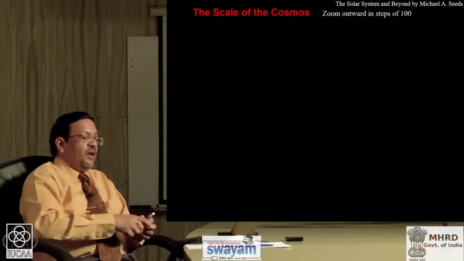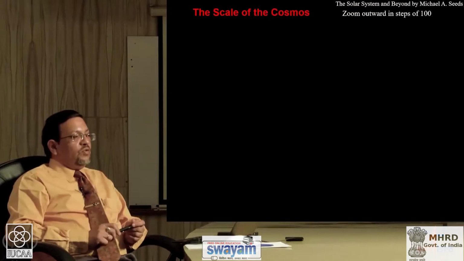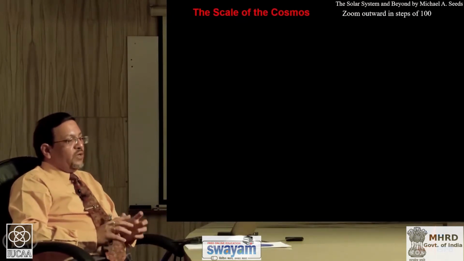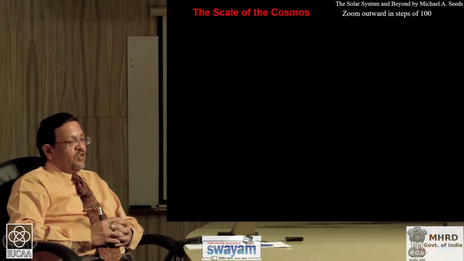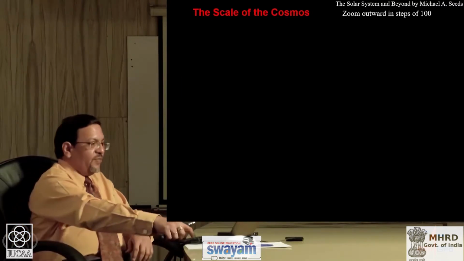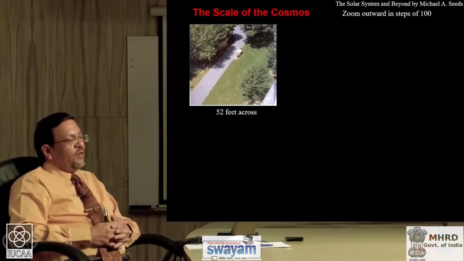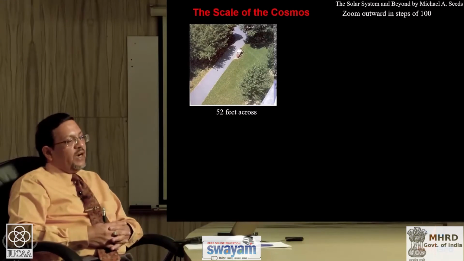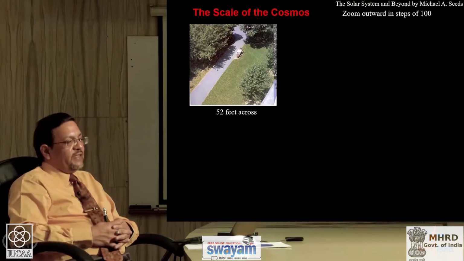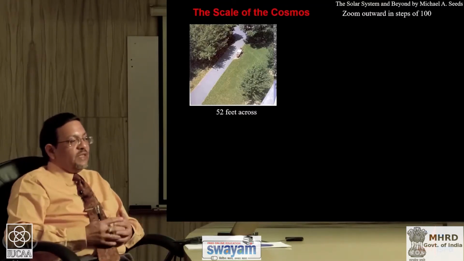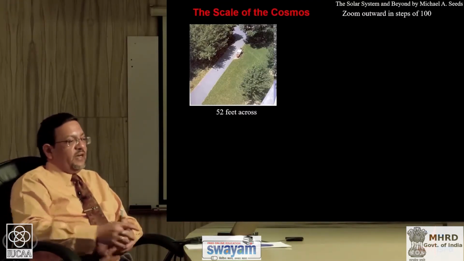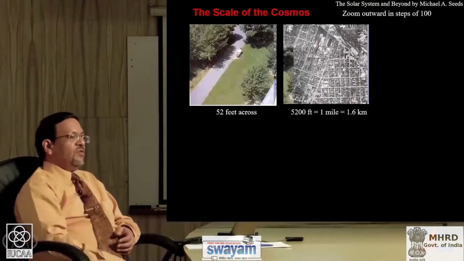Now, here I am going to run through to tell you about the dimensions in our cosmos, starting with dimensions in our neighborhood, where you can see a small garden, a road in between and a bench on which a lady is sitting. If I zoom this picture by a factor of 100, this is what you see.